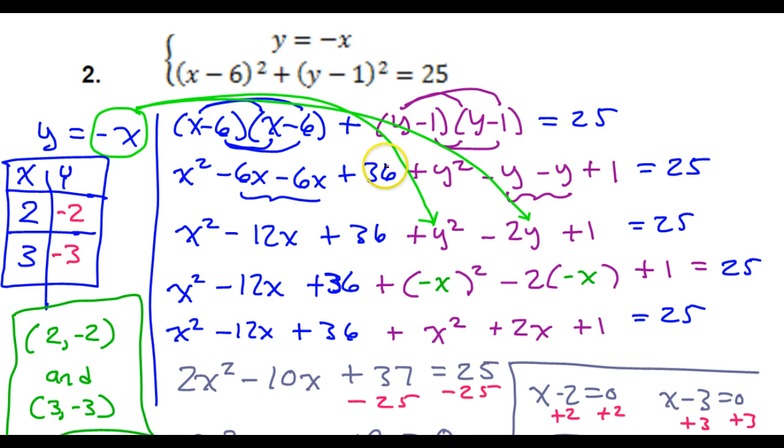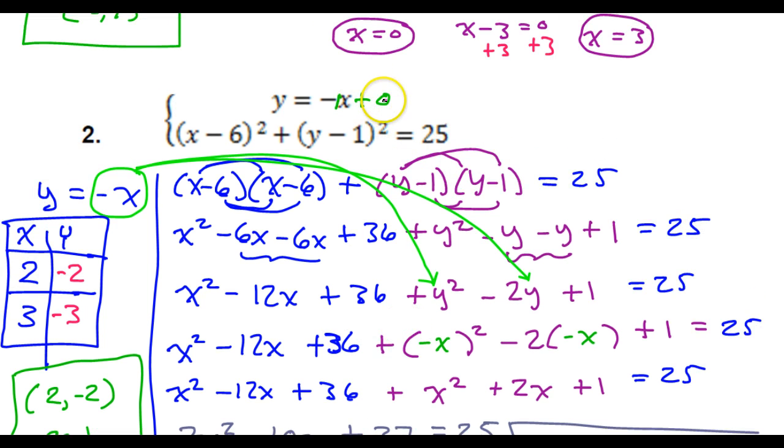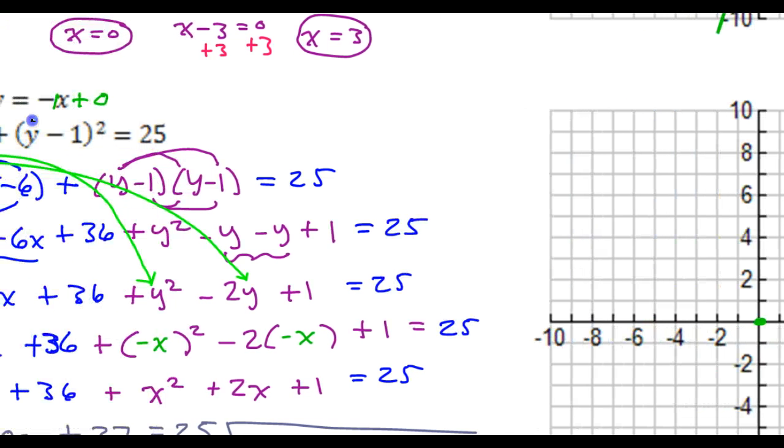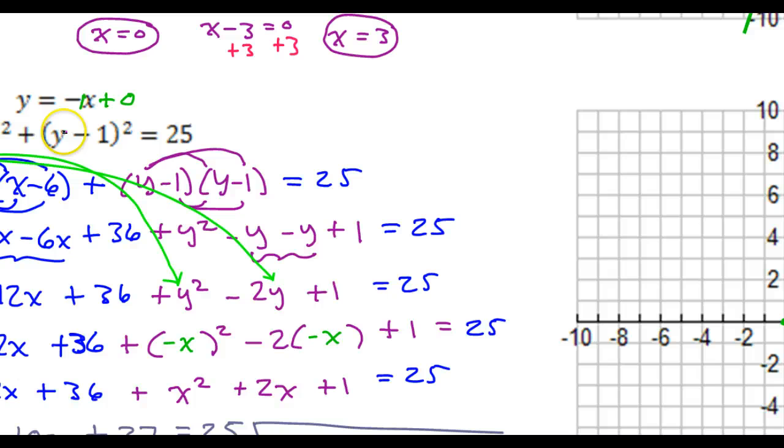So let's start with the line y equals negative x. We can look at this as slope-intercept form, like y equals mx plus b, by saying, okay, this is like y equals negative 1x plus 0. So that makes 0 the y-intercept. So there's our y-intercept. Now this slope of negative 1, in fact I can look at it as negative 1 over 1, so I can have a rise and a run. This means down 1 over 1, down 1 over 1.